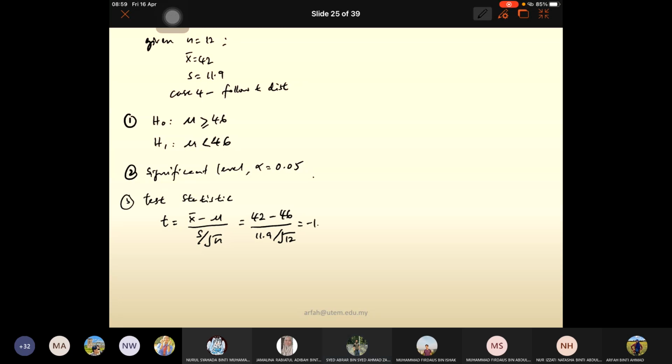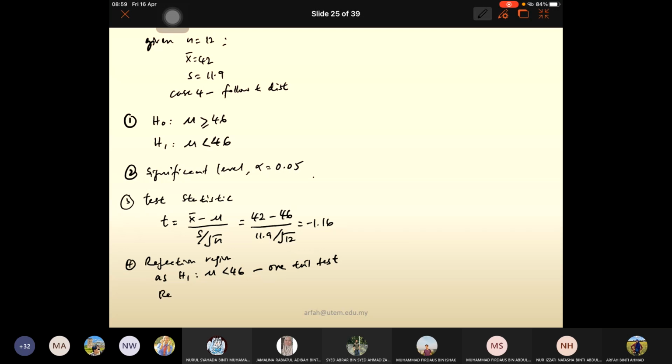So yang lain dapat sama dengan Syed. Dan step keempat kita tengok dia punya rejection region. Okay. So as H1 mu less than 46, this will become one tail test. Okay.